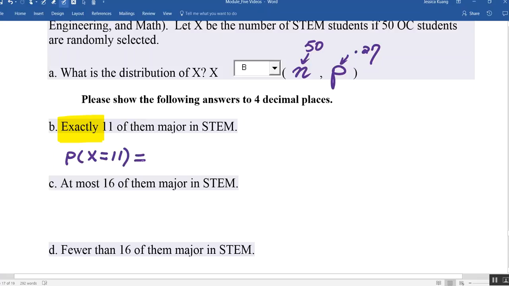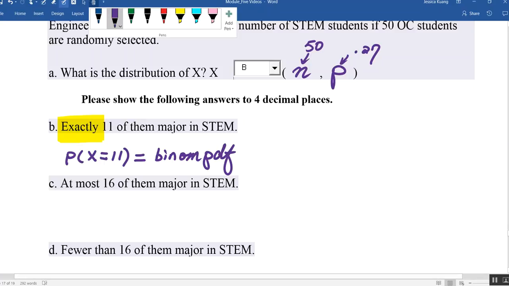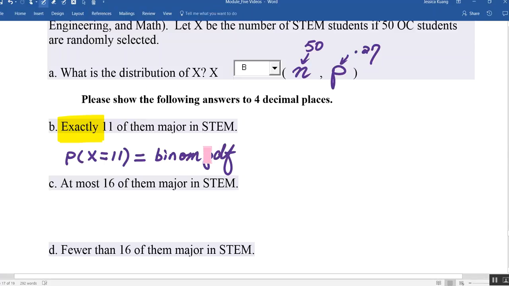And because we have an equal sign, I'm going to use this function from your graphing calculator that is called binompdf. Let me pull out my highlighter. We use binompdf. I'm just going to highlight that P when we have an equal sign.